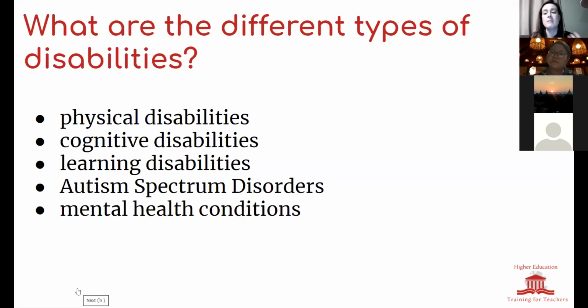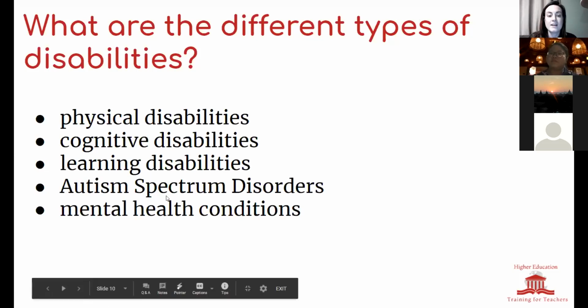People might have mental health conditions, especially right now with COVID-19, or might just always have some depression or anxiety.